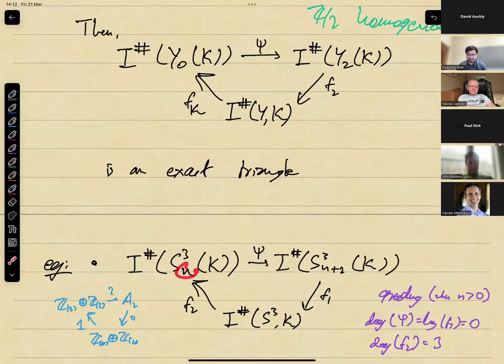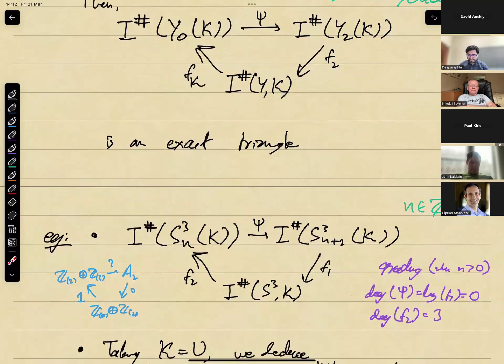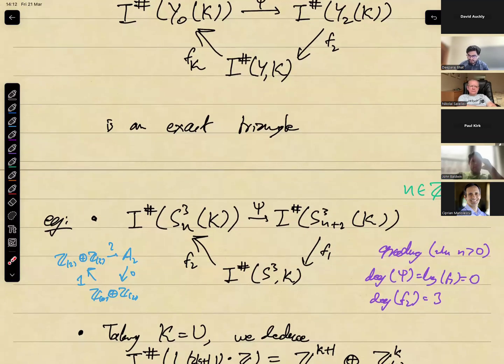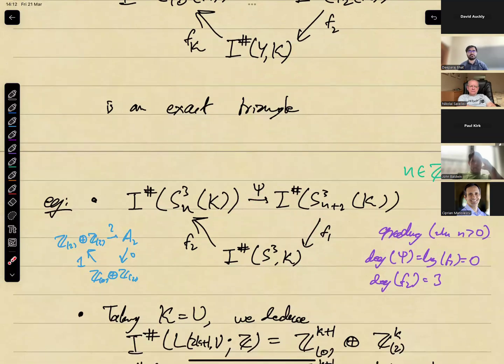So say we choose some framing n, which can be any integer. And then the n plus 2 surgery and the knot homology are related in this way. And we can pin down what the grading is, mod 4, in this situation. When n is strictly greater than 0, the degree of this map and this map are both 0 mod 4, and this is degree 3.